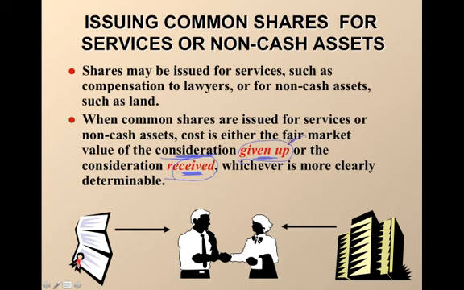So if we do have a fair market value for our shares, let's say they were $10 per share, and we gave them 10 of them, then the consideration we gave up was $100. So that's going to be the amount for our journal entry. If we didn't have this fair market value, but the services we received from the lawyer were worth $150, then we would have to value the transaction at $150.